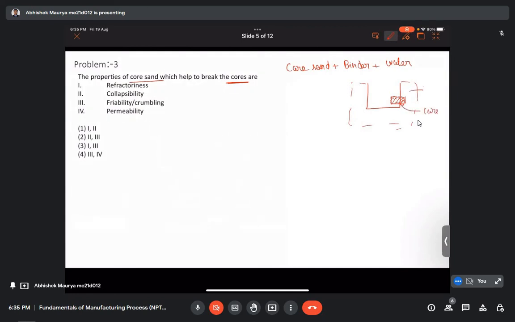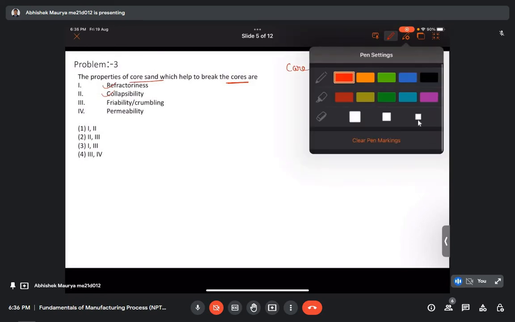So the function of the core was to create the internal features or holes. Here it is written a few of the properties like refractoriness, collapsibility, friability, permeability. Let's look at all of them one by one.